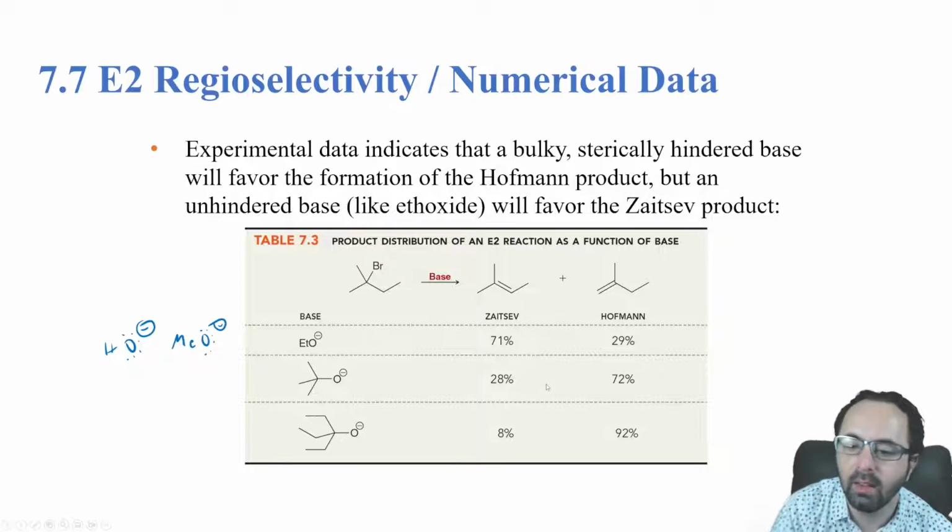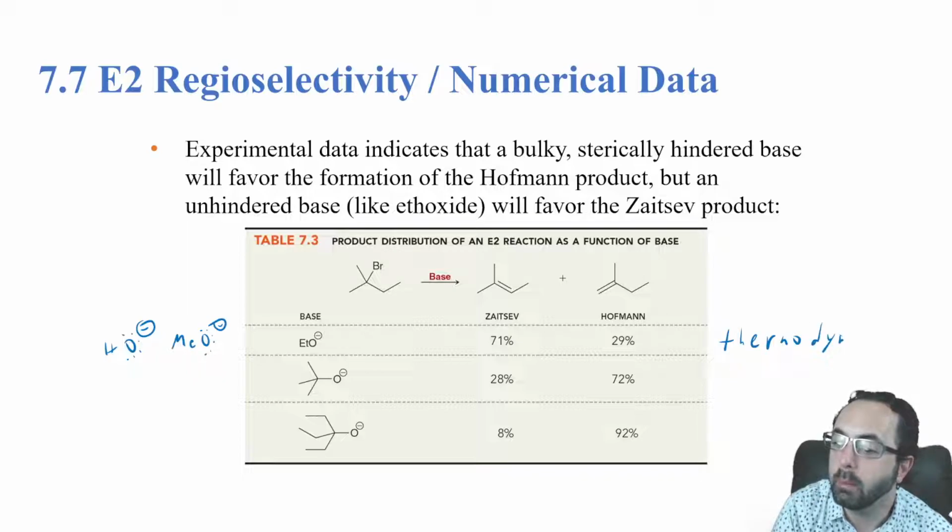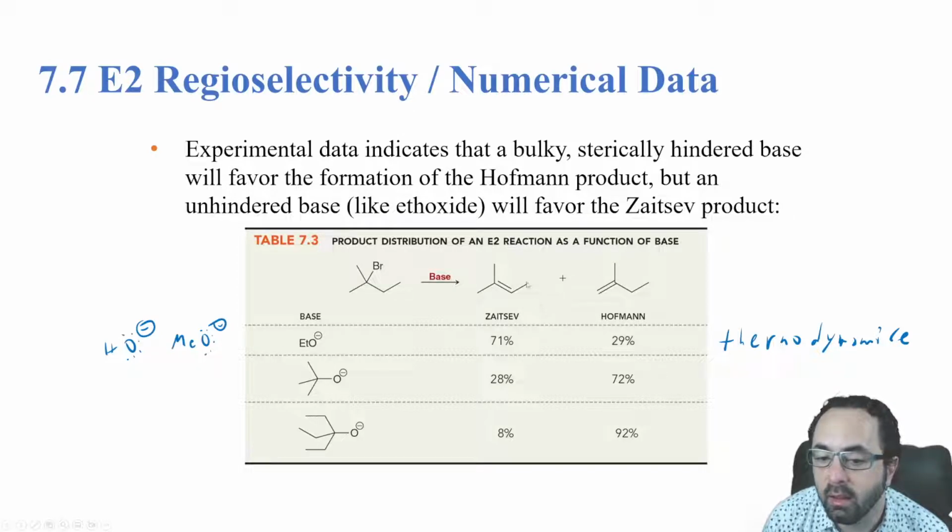What's driving this here is thermodynamics. Thermodynamics meaning these are producing the Zaitsev, the more thermodynamically stable product. However, when the base is sterically hindered, it can be harder for it to get into a position to grab the protons here. Whereas the protons that were on this carbon are way out here, it's easier for the sterically hindered base to get to them.